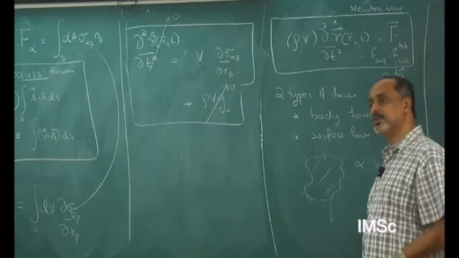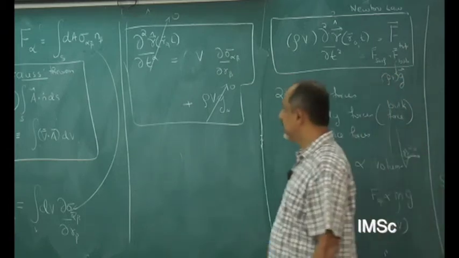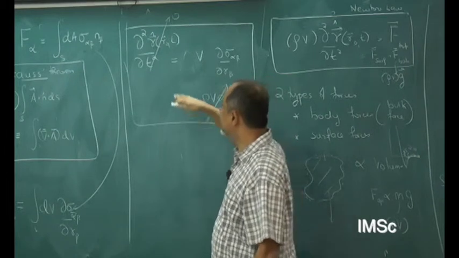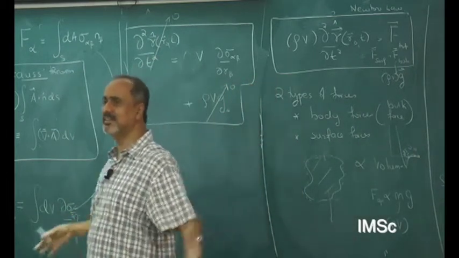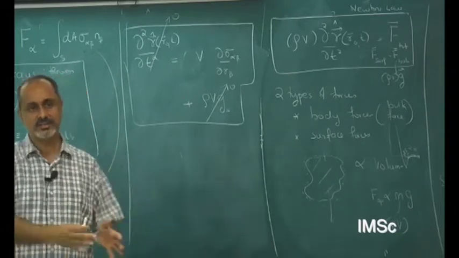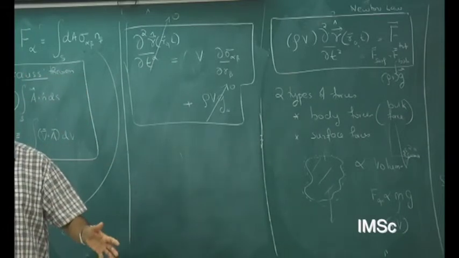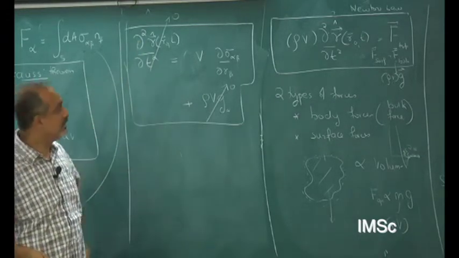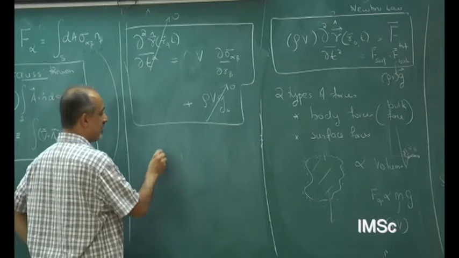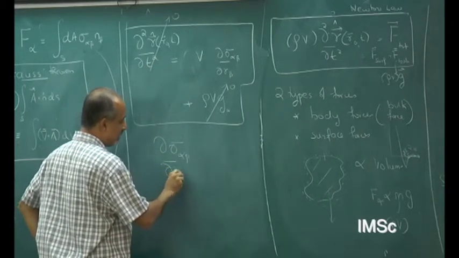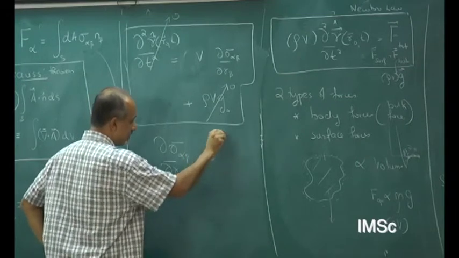If there is no gravity, or if I can ignore the effects of gravity, I can get rid of this. If I can say that things are not accelerating in my system, I'm deforming slowly enough that things are slowly moving to the new positions, but they're not accelerating, or I can neglect this acceleration term here, then I'm essentially left with the result that delta sigma alpha beta by delta r beta must be 0.